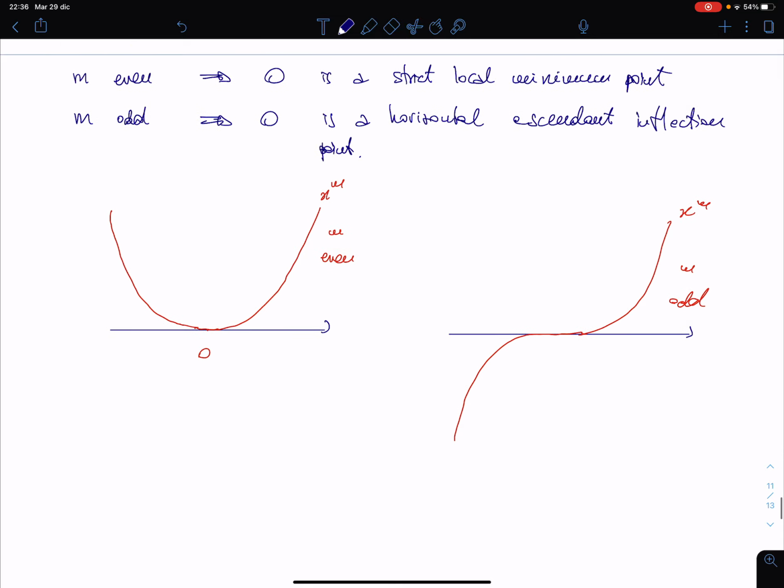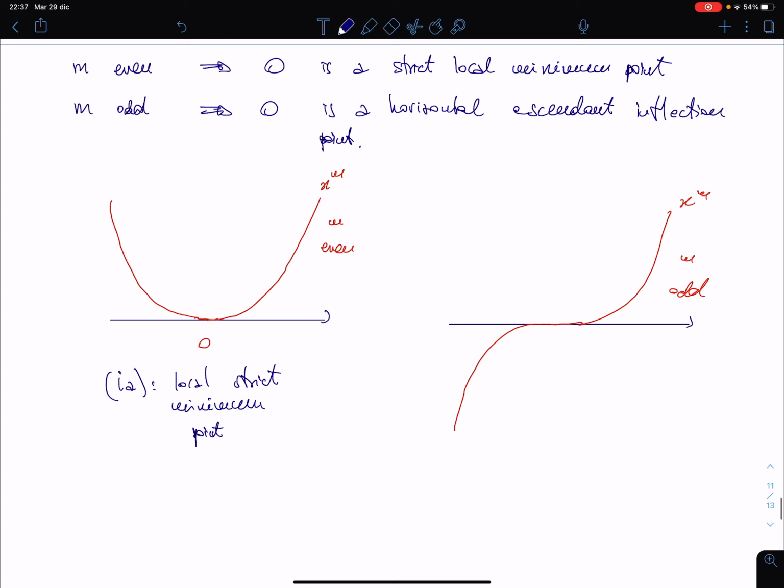And here, of course, we are in case 1a. So we have a local strict minimum point. And here we are in case 2. We have a horizontal ascendant inflection point.